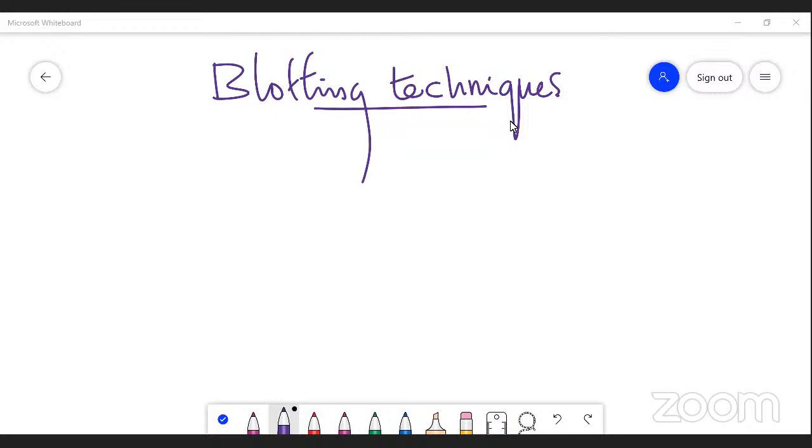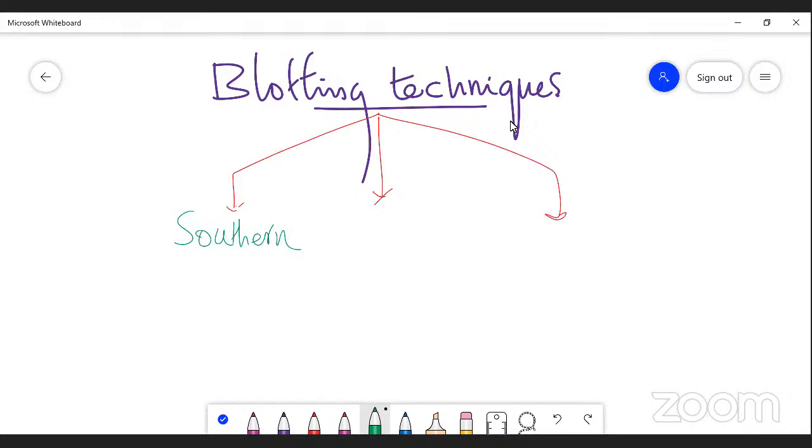So this blotting technique is broadly divided into the following types. The first one is the southern method, the second one is the northern method, and the third one is the western method. So there are three methods, right?